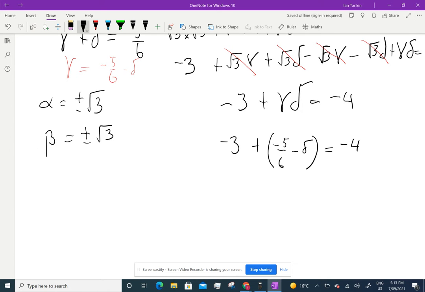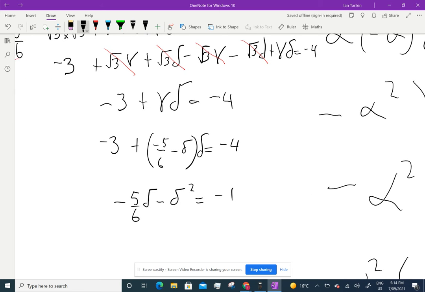Taking the minus 3 to the other side, I get minus 5 on 6 delta minus delta squared equals minus 1.